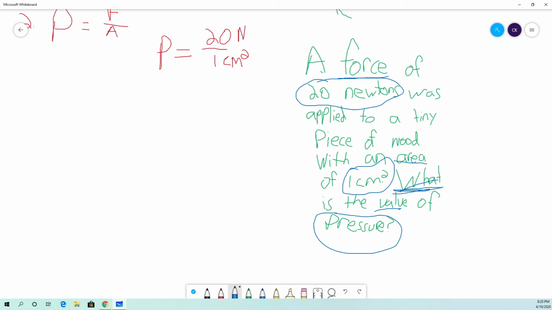I'm going to plug my area where A is, which is on the bottom. And I'm going to remember that I divide. I take my numerator and divide by my denominator. So 20 divided by 1, pressure should equal 20 PA, or 20 pascals.